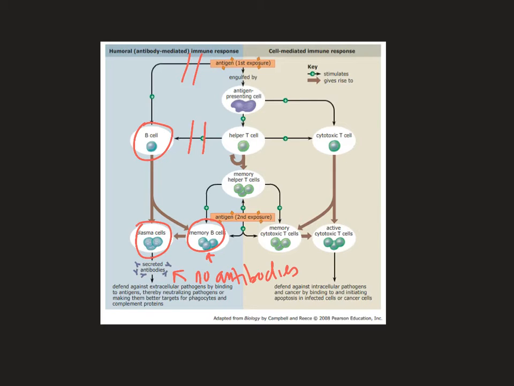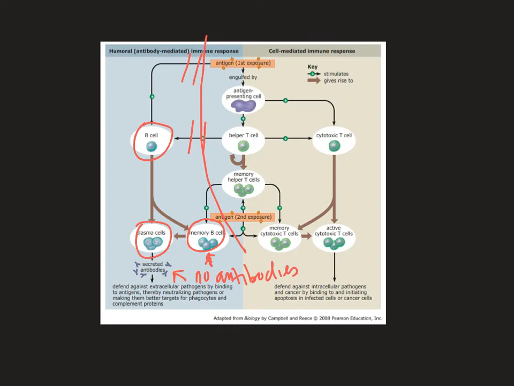All right. Part B: one direct consequence of the loss of B cell activity on the speed of an individual's humoral immune response to a second exposure. Okay, so in this case, all of this is out, so there are no memory B cells, and as a result, the response would really be the same as the initial response.